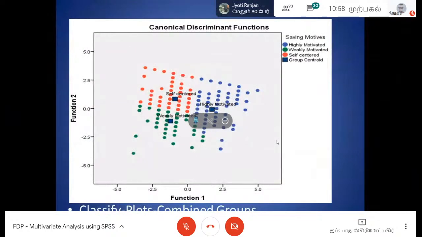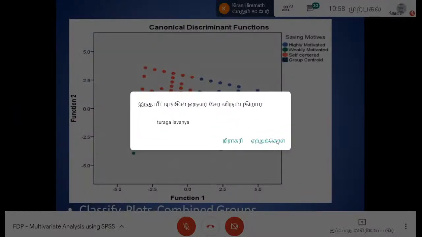This graph you should understand very clearly. This is very simple, but this understanding is very much required. If you have understood this one, everything is over, right? So now, leave function 1, that is on the x-axis. Now you draw the center points. This is the center point for self-centered.